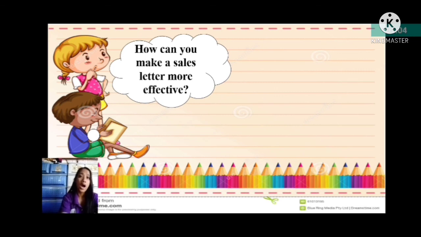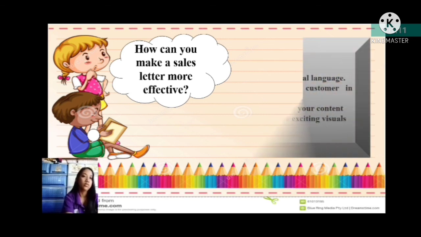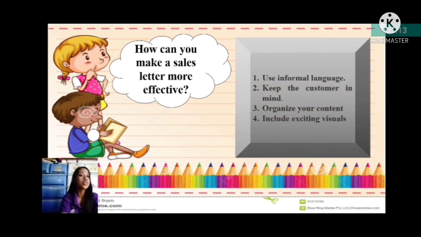So, how can you make a sales letter more effective? Number 1, use informal language. Brief, clear sentences and short paragraphs make your letter sound more human. A natural tone will help customers connect to your message and take the focus off selling.